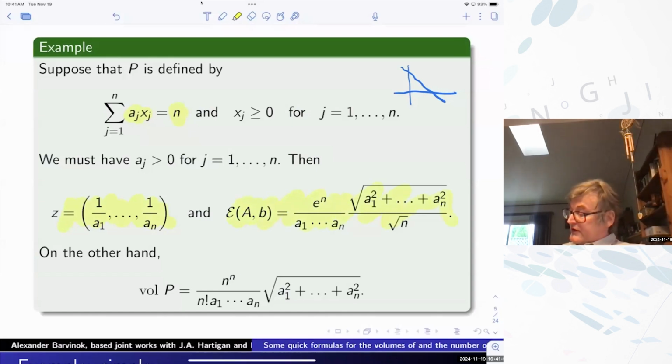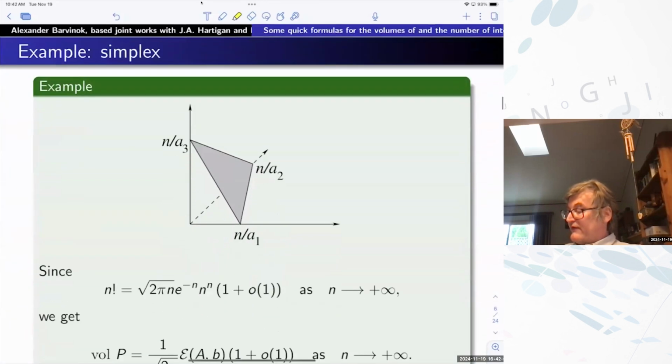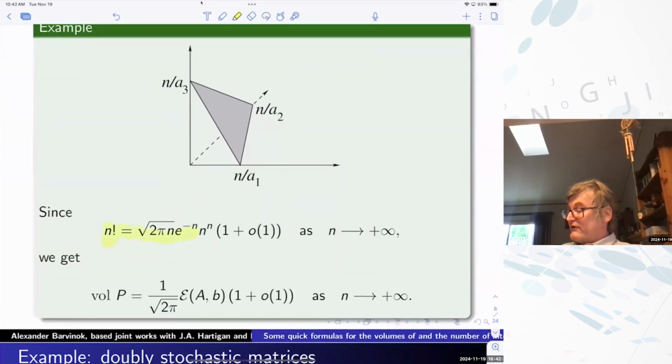But we all know how to compute the formula for the simplex, right? So we know it exactly. And if we compare the two, we notice that indeed it approximates within a constant factor because of Stirling's formula. So the true value of the volume is roughly 1 over square root of 2 pi times the estimate, and that 1 over square root of 2 pi is not accidental.